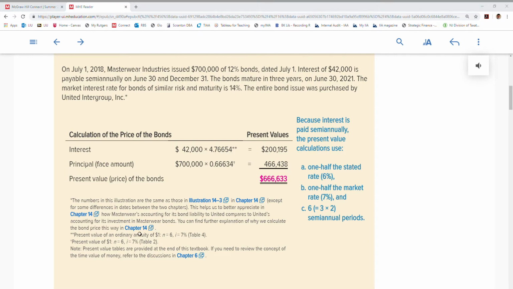So just so you can see, 200,195 and 466,438. This is the present value of the cash flows, PV of cash flows, basically, and this gives you a total of 666,633, and this is going to be the present value of the bonds.